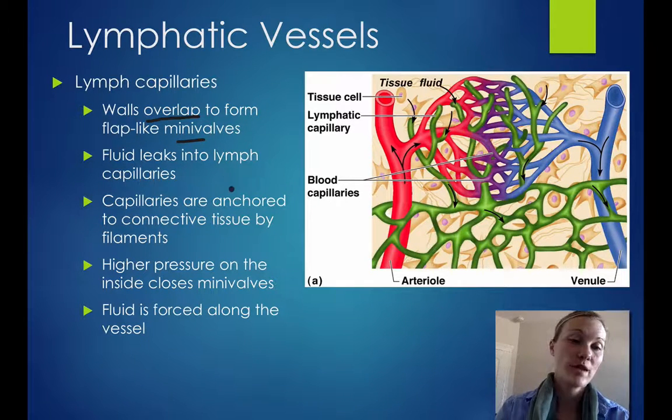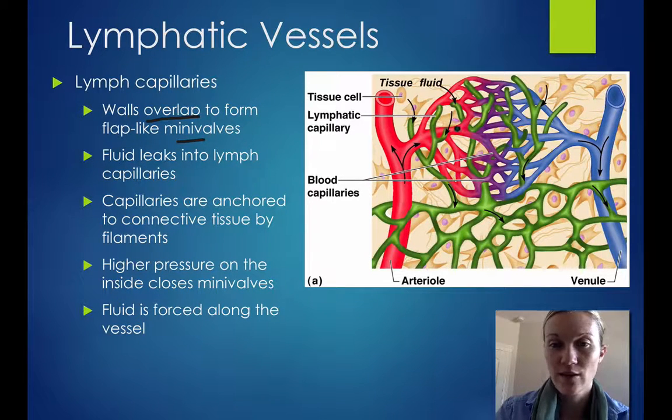Basically, fluid leaks into the lymph capillaries. If there's fluid maybe right here, it will leak into the lymph, and from there the capillaries are anchored by connective tissue filaments.